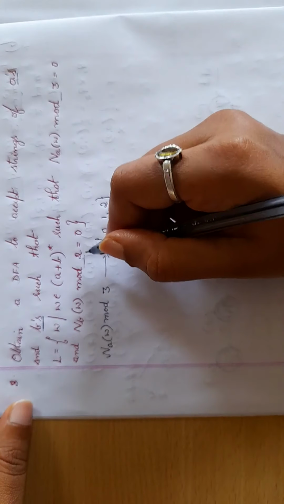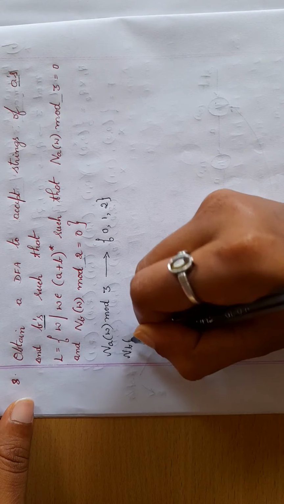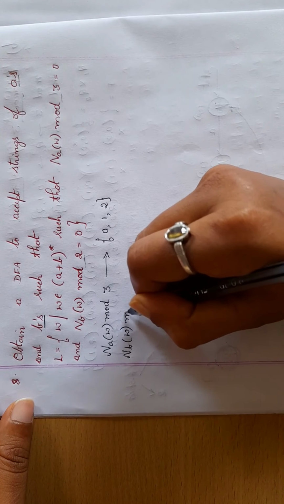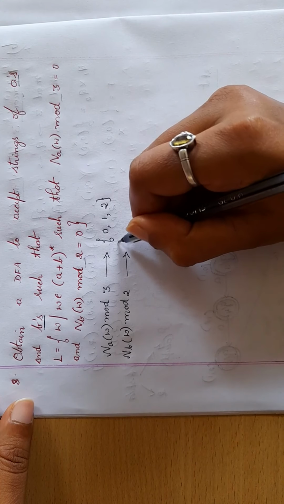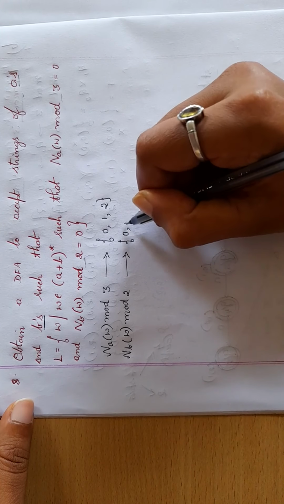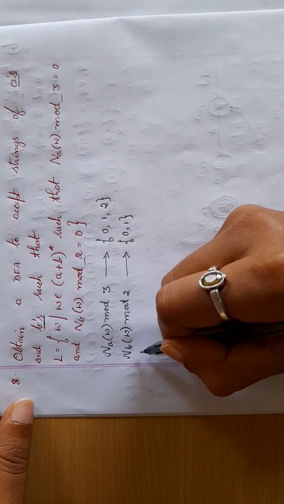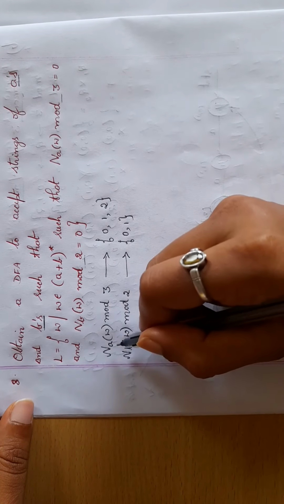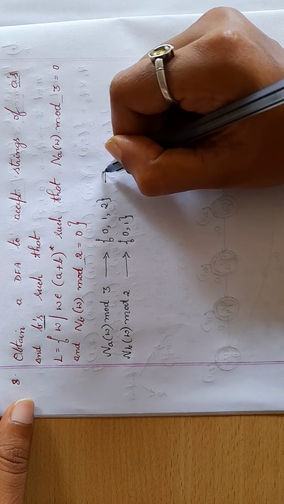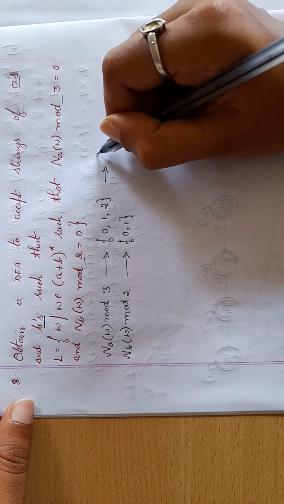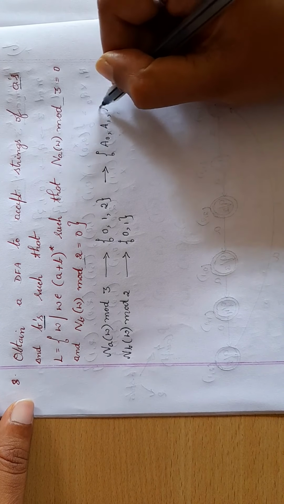Next I'll consider mod 2, that is the number of B's in the given string mod 2. The possibilities are 0 and 1. While drawing the DFA, for understanding purposes, I'll take the A remainders 0, 1, 2 as A0, A1, A2.